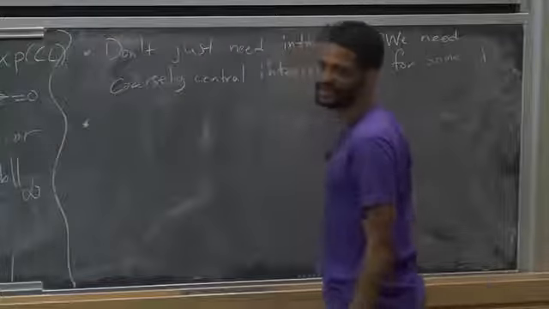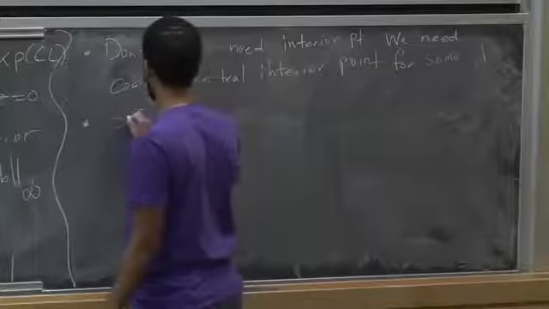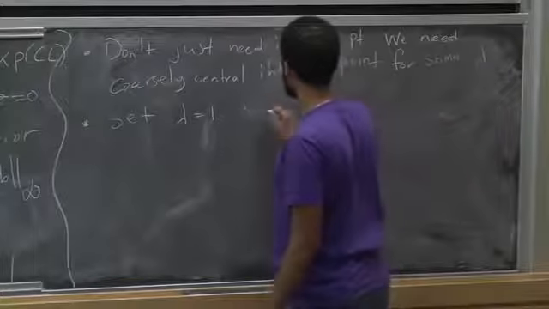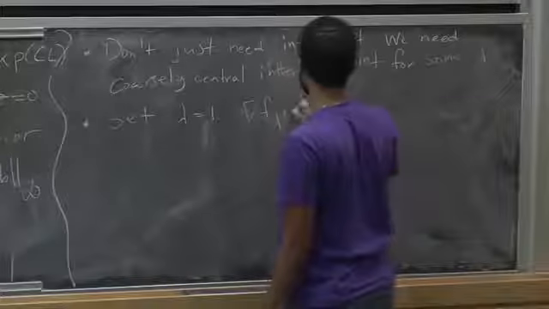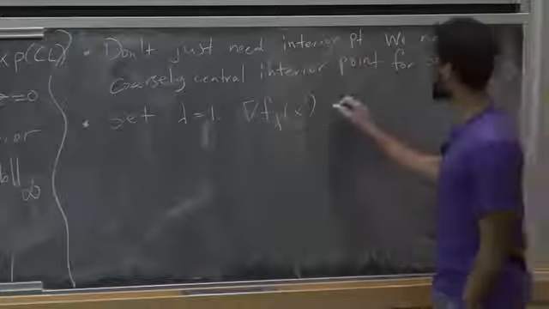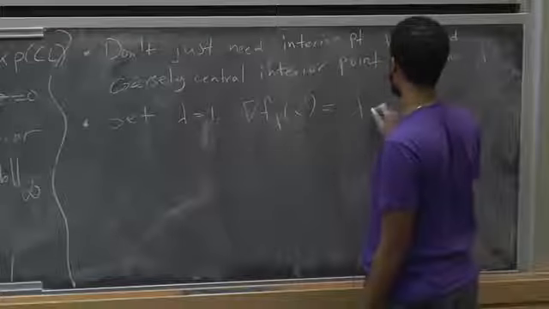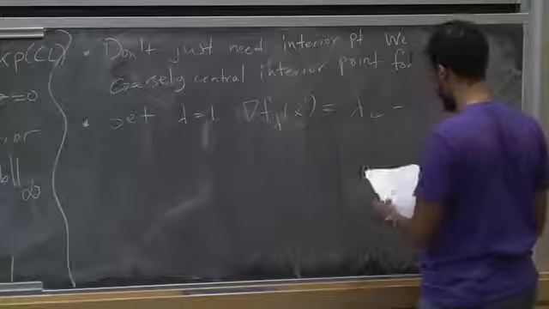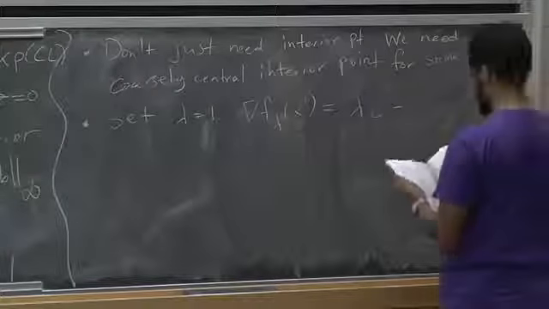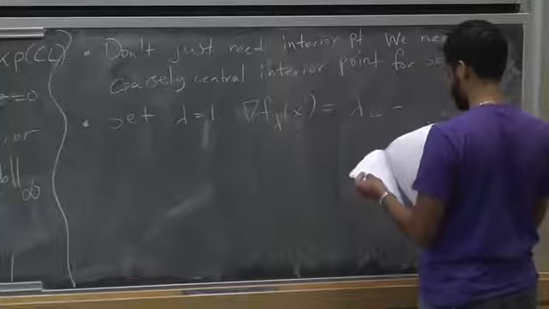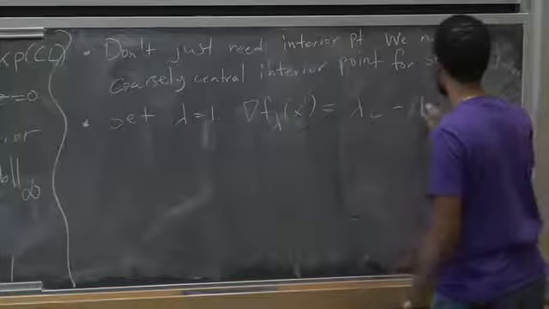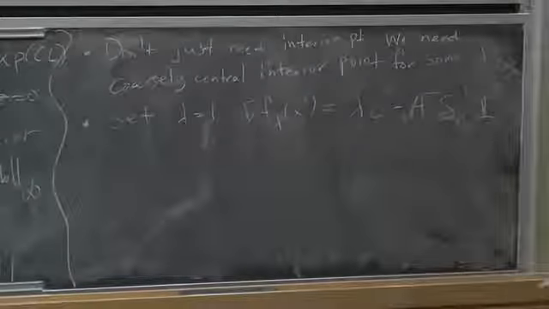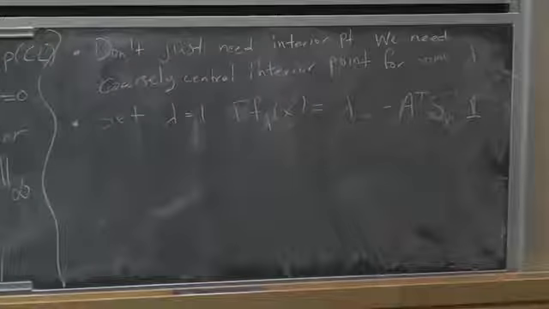So what are we going to do? Here's a funny thing we're going to do. Set lambda to be 1. Now let's look at the gradient of f of lambda at this x prime. Remember, the gradient is equal to lambda times c minus A transpose slack inverse times the all ones vector. We're optimal when the gradient is 0.